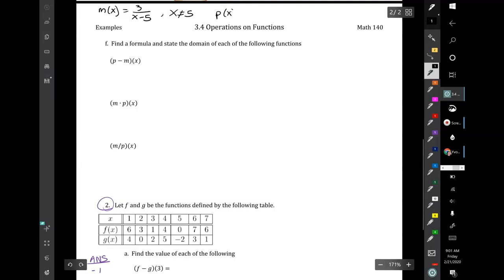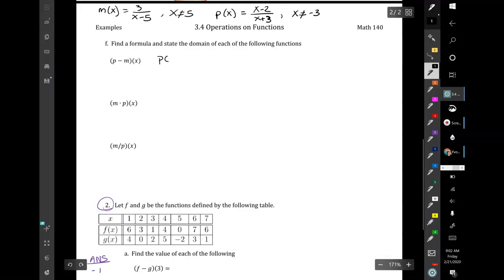P of x is equal to x minus 2 over x plus 3, comma x not equal to -3. So a lot of times we just put a little comma and put our domain off to the right to designate that. So this first one reads p minus m of x.